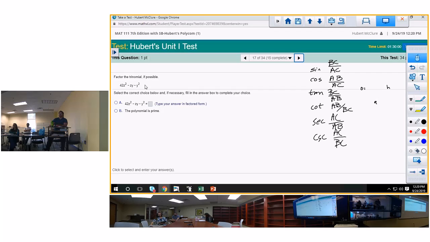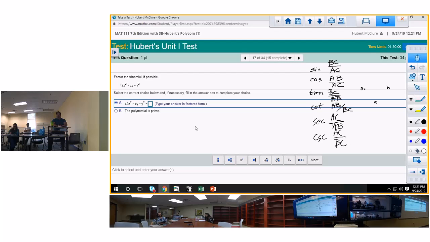Factor. How do you factor this one? Well, it's not a perfect square, so you have to use the reverse FOIL method. That's going to give you 6 and 7. So it'll be a positive 6 and a -7.